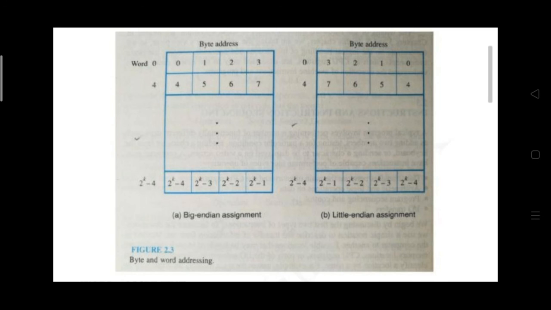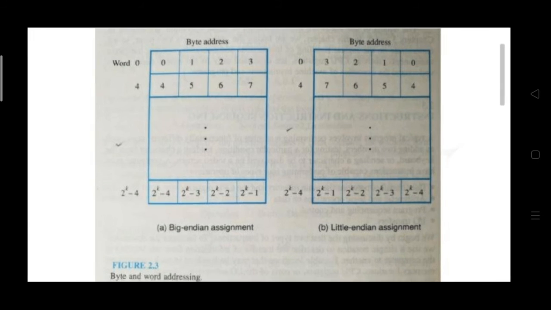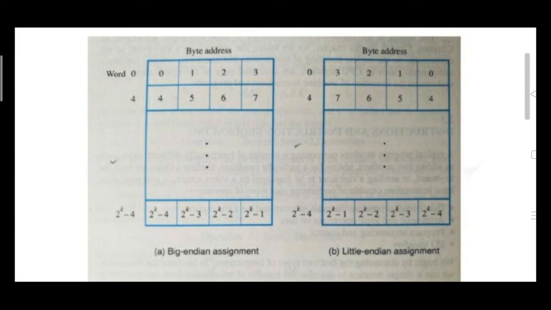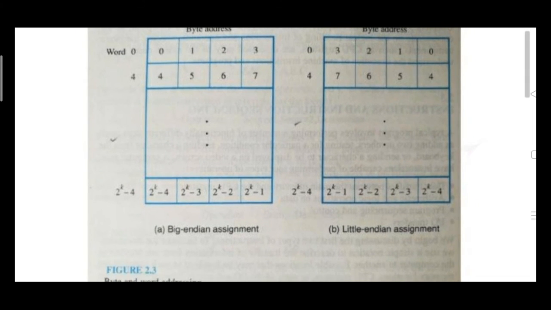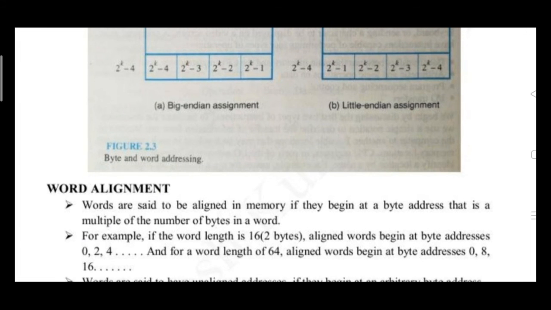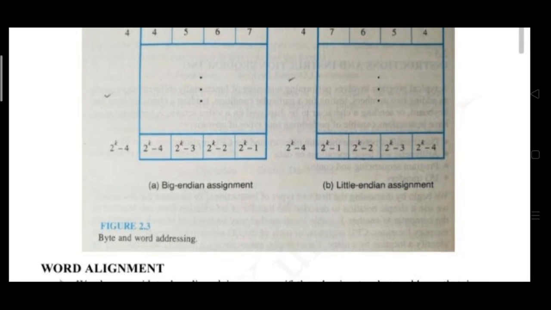So the left to right scenario is called the big endian assignment. Just reverse it, taking right to left, and it is called little endian. The word address remains the same, but byte addressing is done from right to left. This is one of the very important topics from this module.